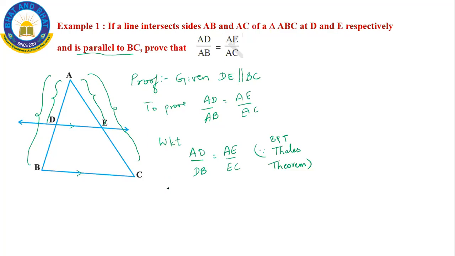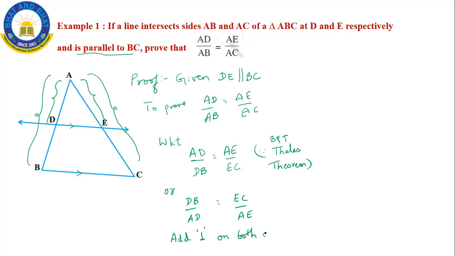Or if I write this in reverse, what will happen? I'll get DB divided by AD is equal to EC divided by AE. Correct? I have just taken the reciprocals of both sides. Then what I will do is add 1 on both sides.